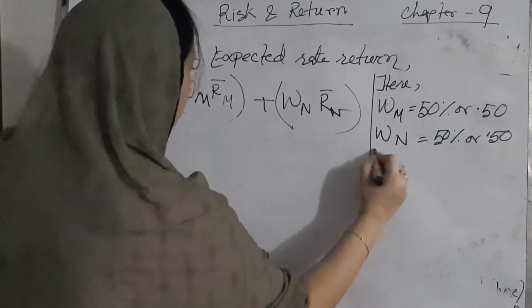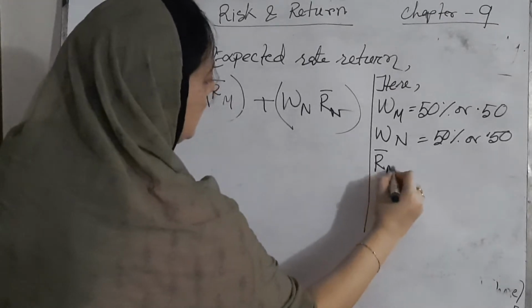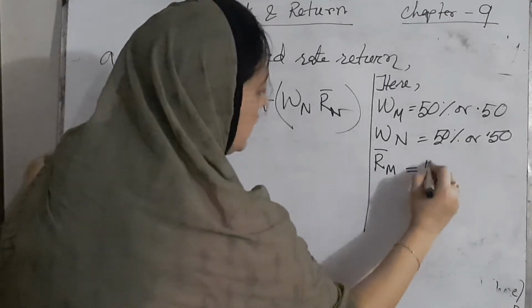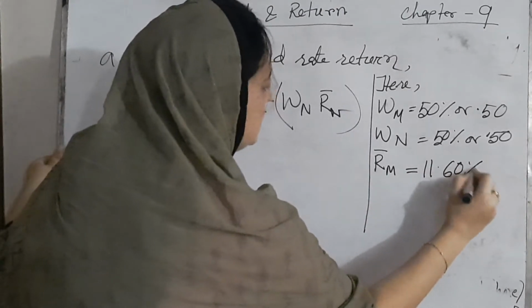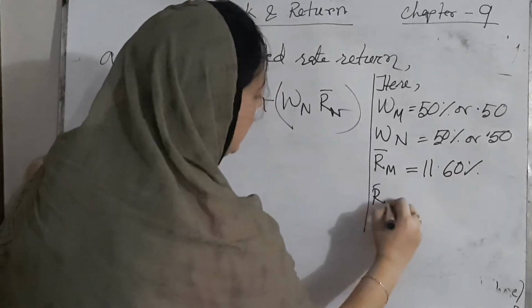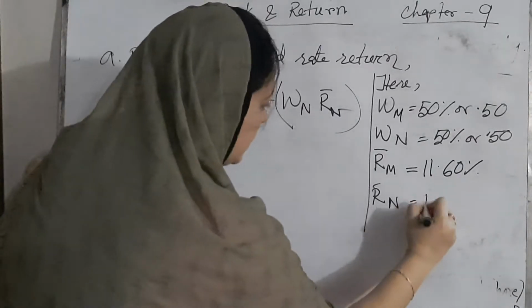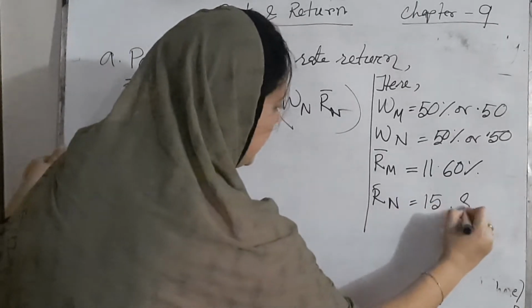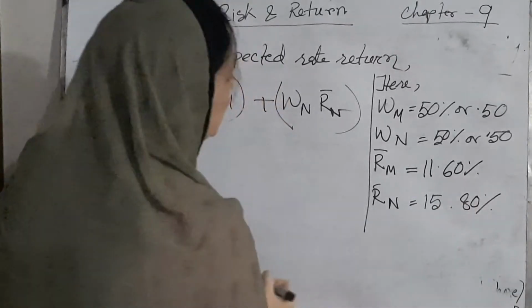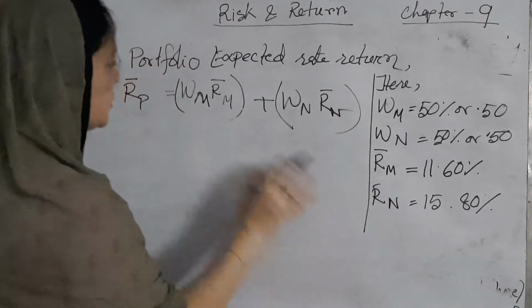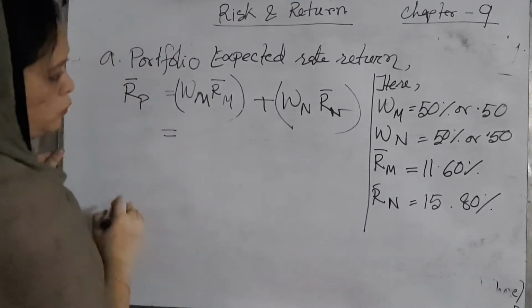Then R bar M, according to the STEM, is 11.60% and R bar N is 15.80%. All these are the information, and I am putting all of it in the formula.